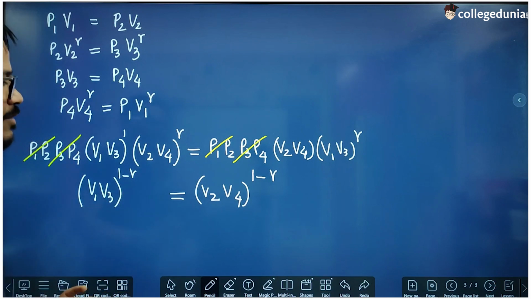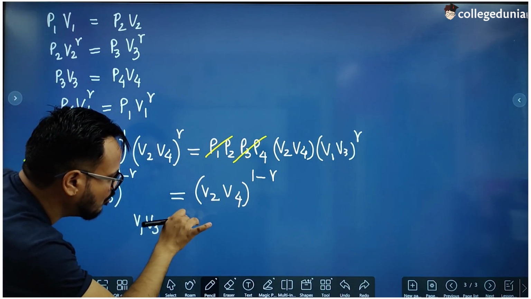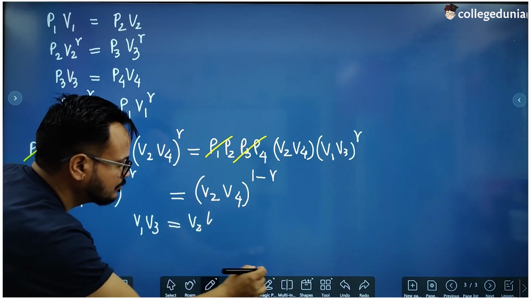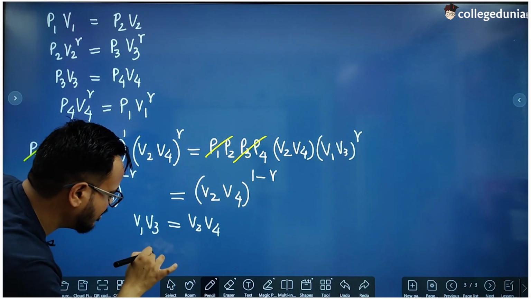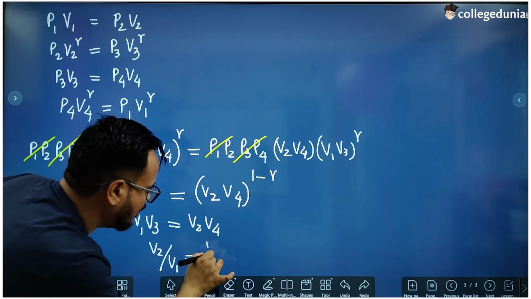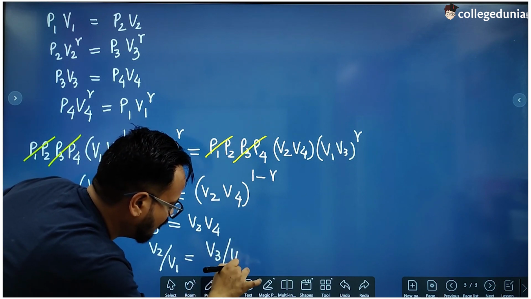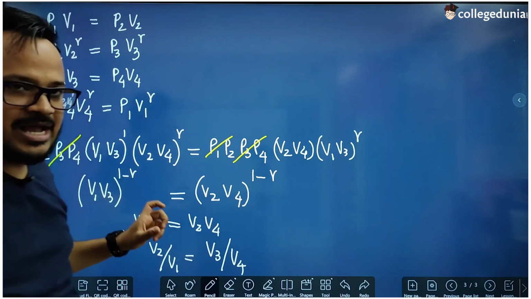Both the sides have the same exponent, so we can write V1 V3 is equal to V2 V4, which says V2 by V1 is simply V3 by V4, right? V2 by V1 is simply V3 by V4.